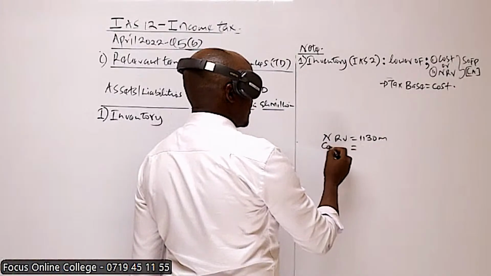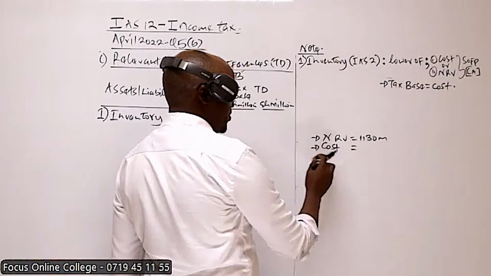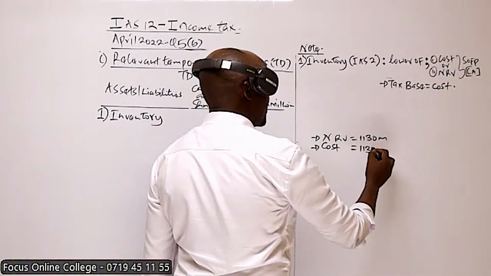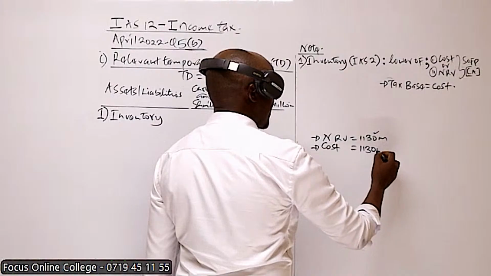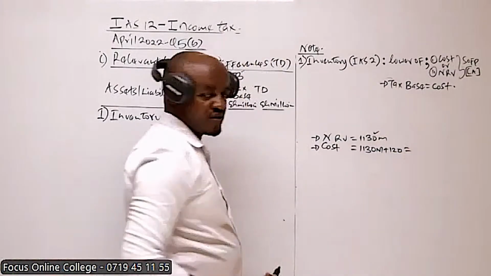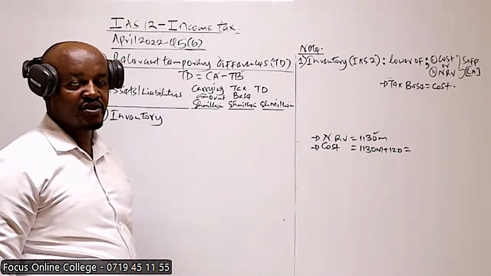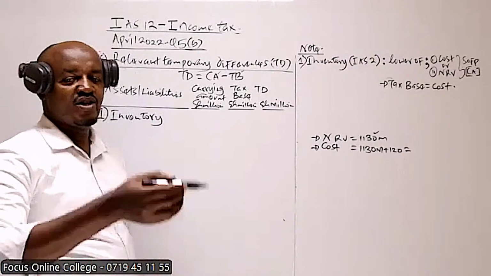So we are going to use that information to get what? The cost. How do we get the cost? We take this 1130 million and add back 120, because in arriving at 1130, the value for inventory was reduced by 120 million. It was written down.